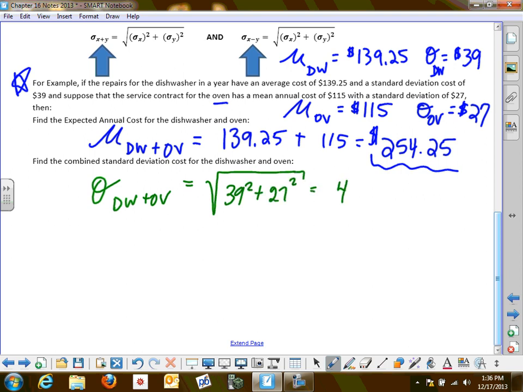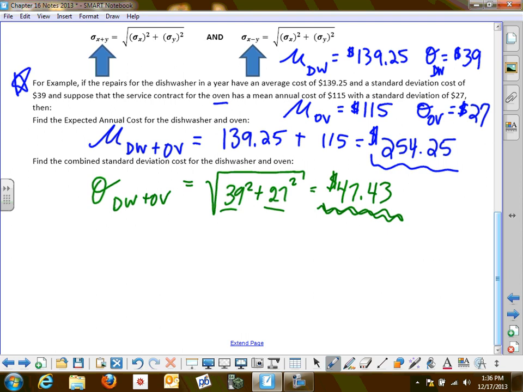And that comes out to $47.43. Now, do you see how this is bigger than both of the legs, 39 and 27? This should always be more variation than these variations individually, but not as much as them added together straight up.